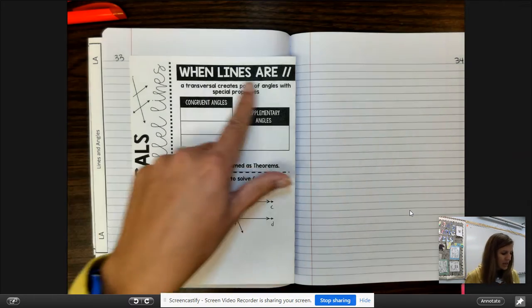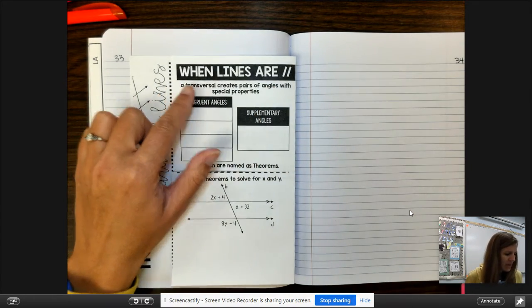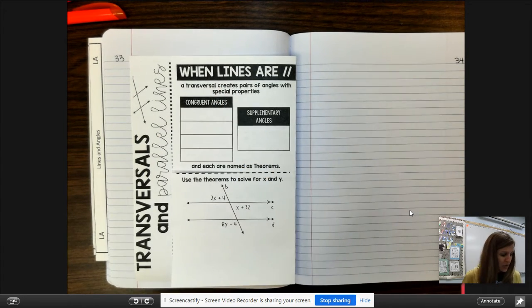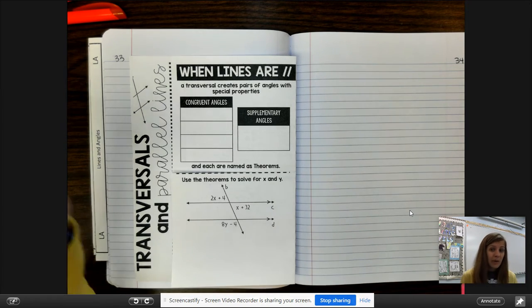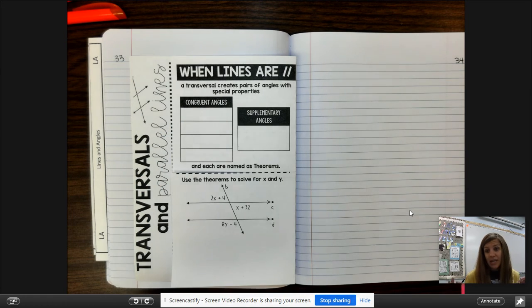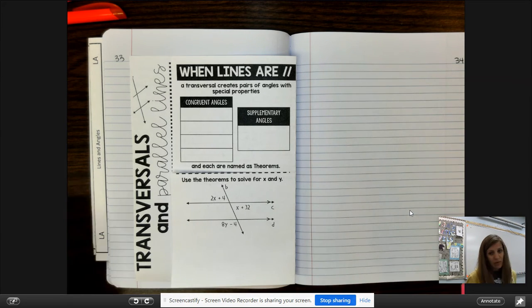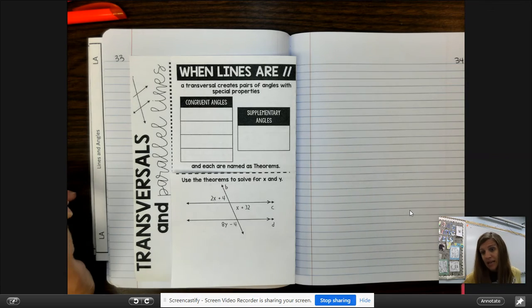So when the lines are parallel, a transversal will create those pairs of angles with some special properties. And we talked about them being congruent or not congruent. And so when they're congruent, that's great because I can set up an equation and I can solve for stuff. When they're not congruent, that's not great, but they did have a special relationship in which they were supplementary, which means add up to equal 180.